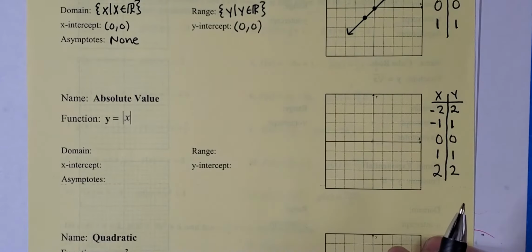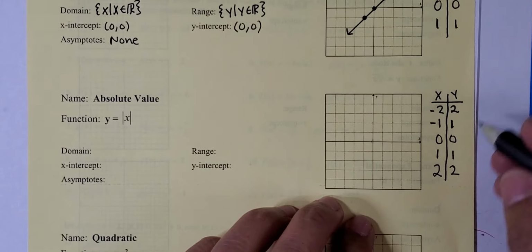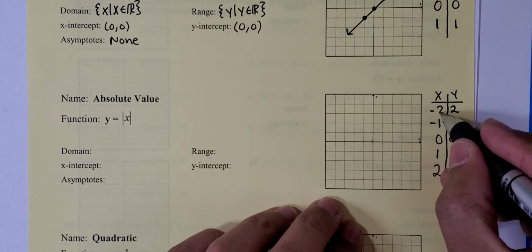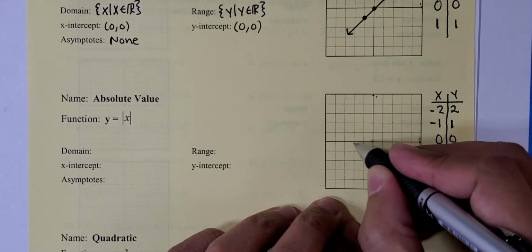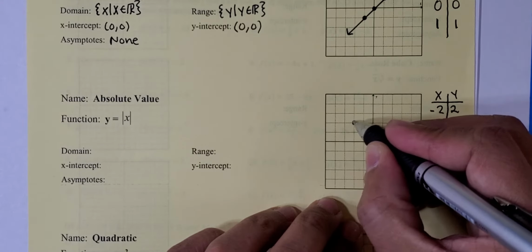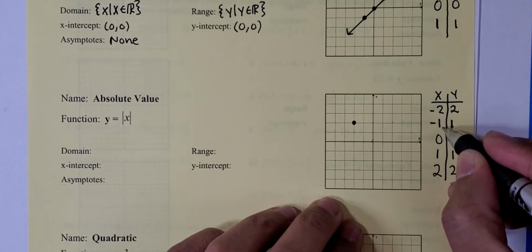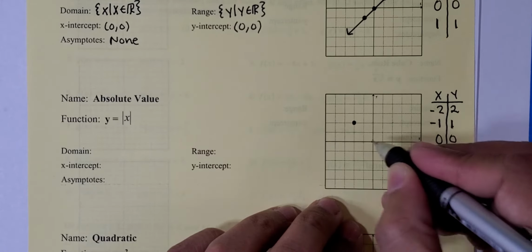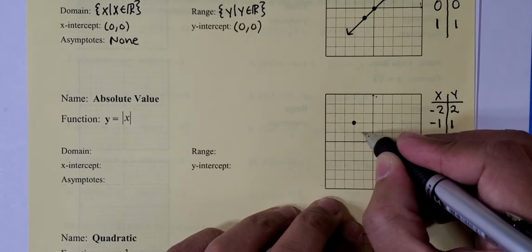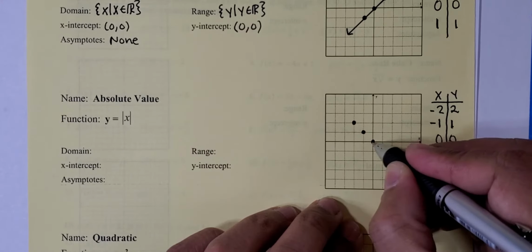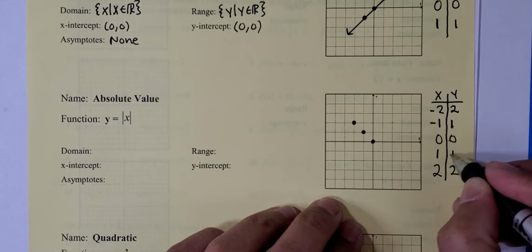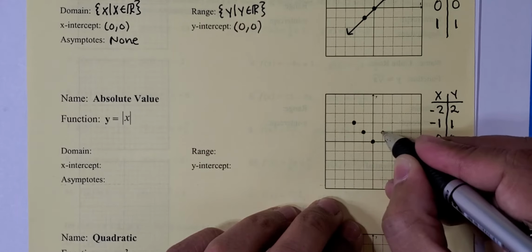Okay, so let's sketch the graph of this function. So let's start with -2. So when x is -2, y is +2. So 1, 2, 1, and 2. So there is this point. The next point is when x is -1, y is 1. So -1, up 1. And then the origin 0, 0, and then x is 1, y is 1. Okay, so that's this point.